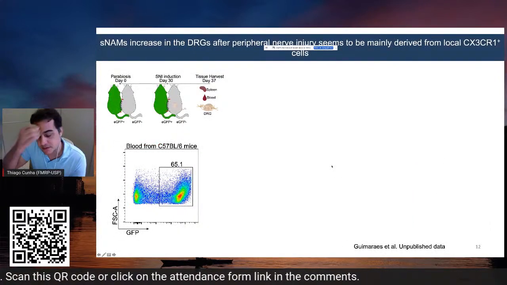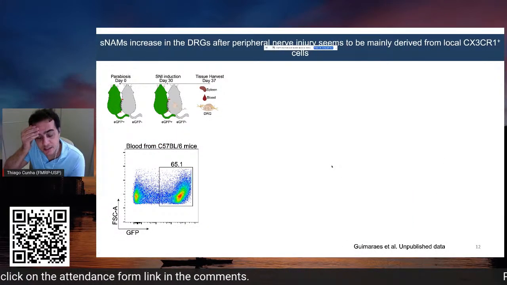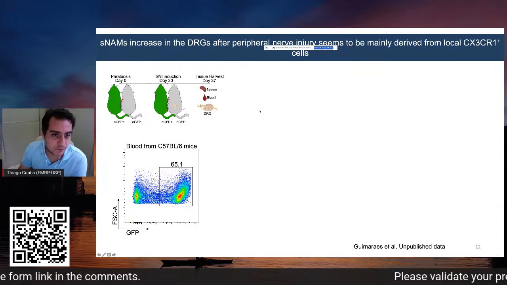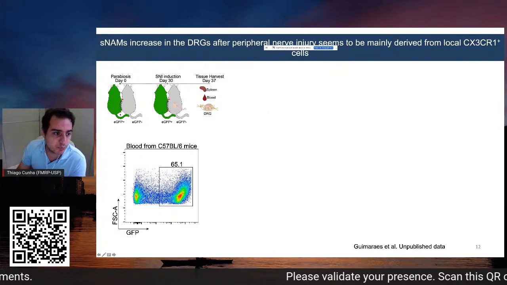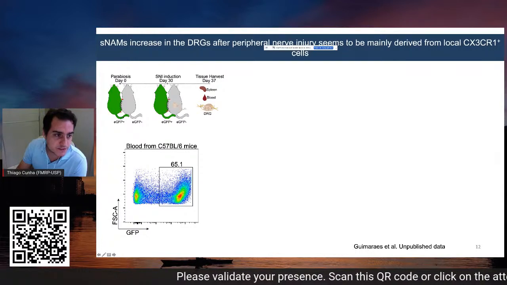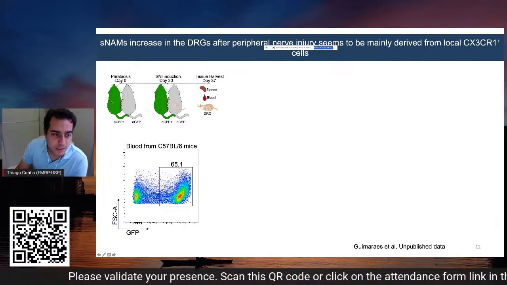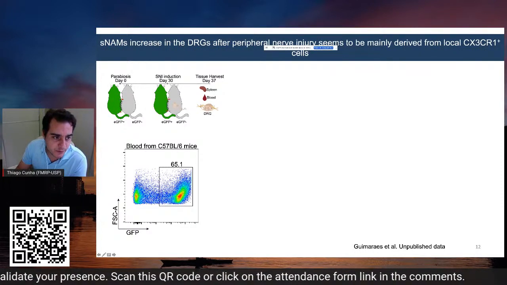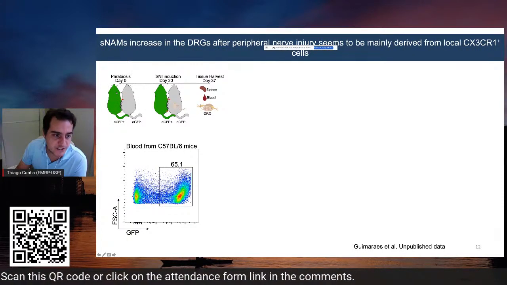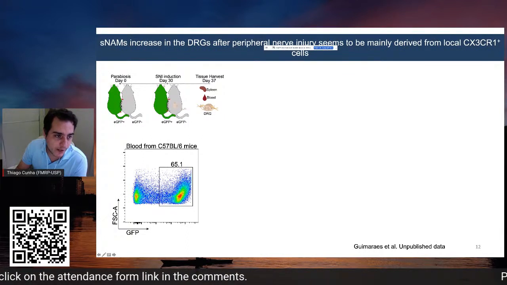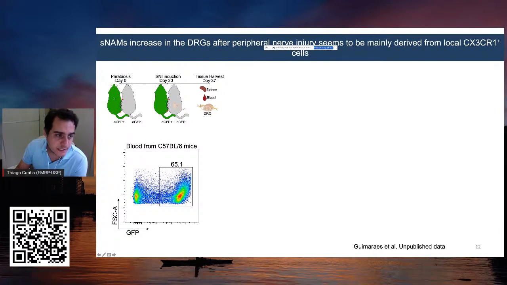To confirm this data, we used another strategy, a very powerful technique called parabiosis. You put two mice together, so these two mice can share the blood, and we induced the parabiosis in an EGFP animal with a wild type animal. So in these animals all the leukocytes in the blood are green. When the parabiosis is established, these mice start to share the cells in the blood.